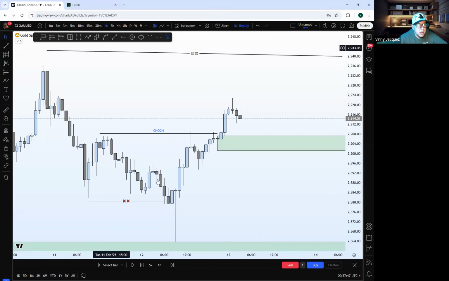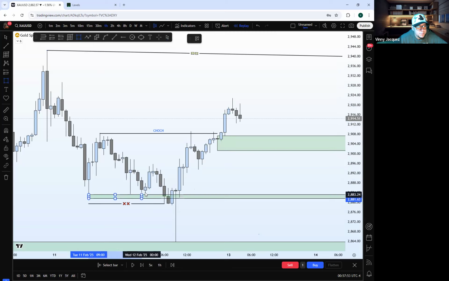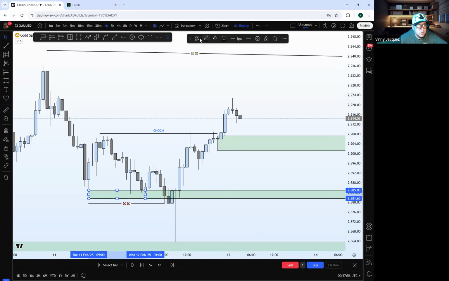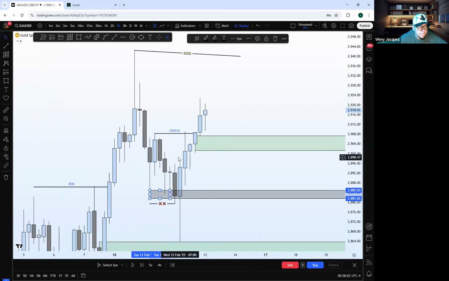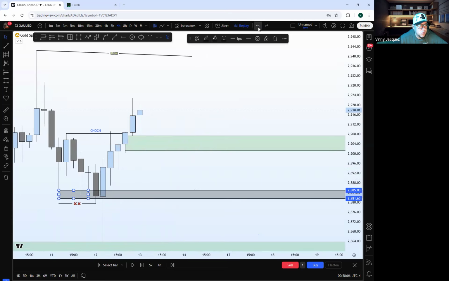Now, I like this zone right here because that matches with the 4 hour time frame. That would be my inverted, right? If I go to the 4 hour, now my inverted looks like that, but that zone is pretty big, so I'm just going to leave it with the 1 hour.